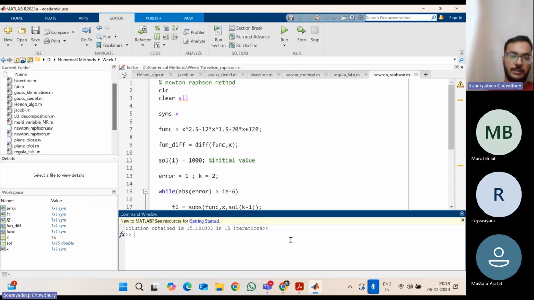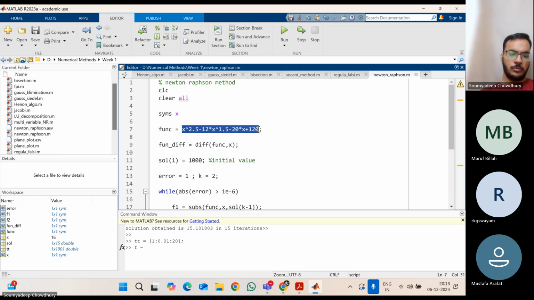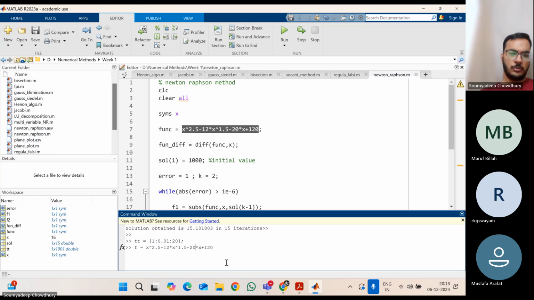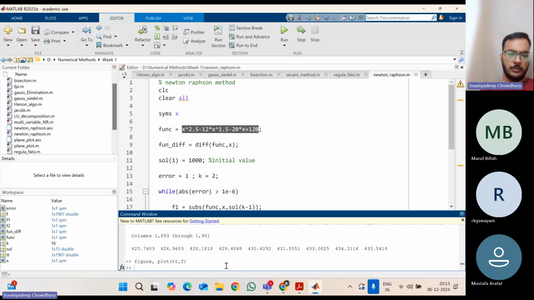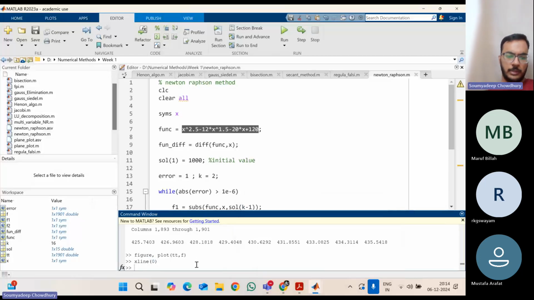So if you plot this function, you can see there are two solutions. Plot f with the x line and 0 y line.